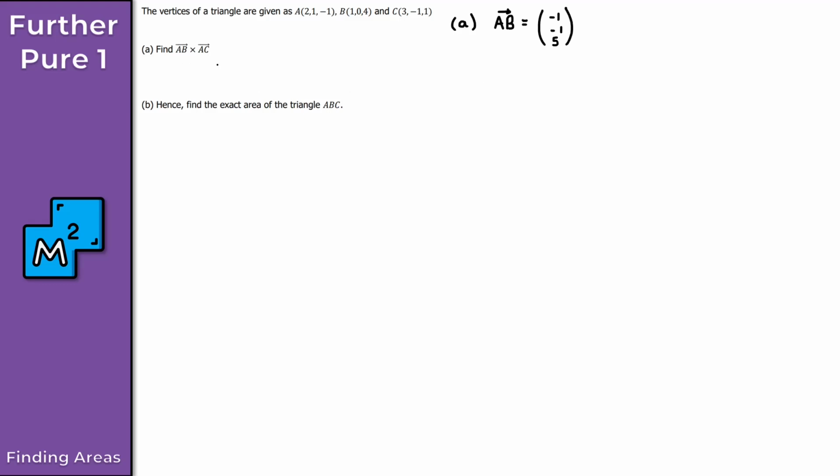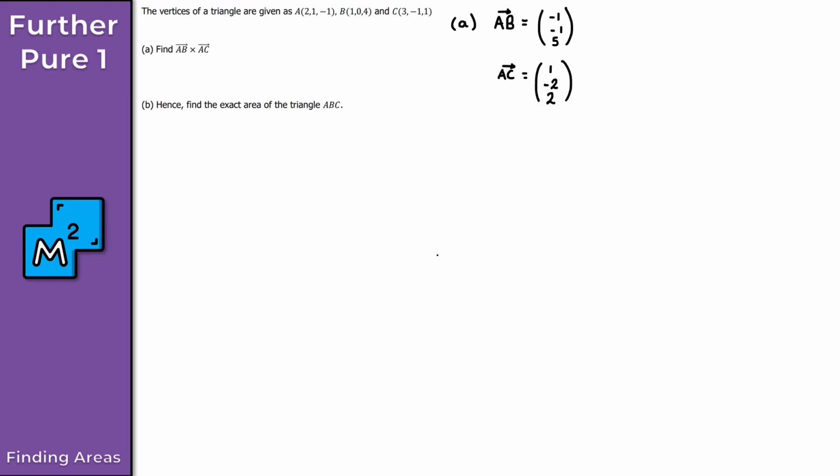We also need the vector AC. So for AC, we do C minus A. I get 3 minus 2, which is 1. We then do minus 1 minus 1, so I get minus 2 there. And finally, 1 minus 1, the same as 1 plus 1, giving us 2 there.